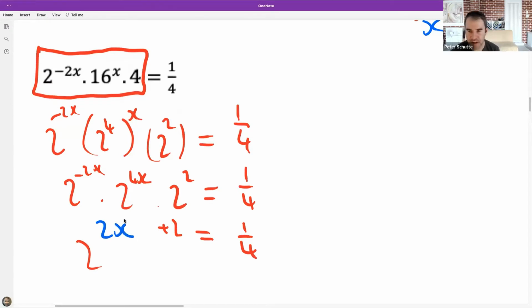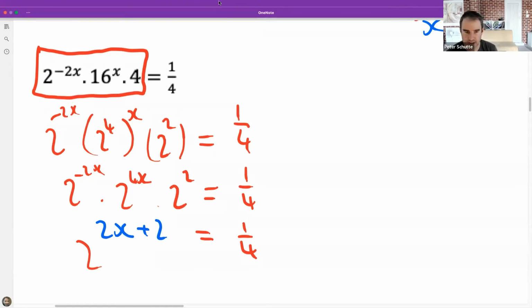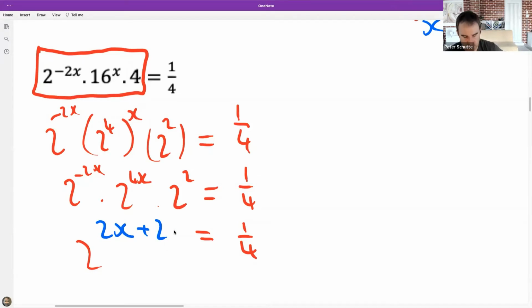And we get that. So the final answer, and I'm seeing it in the chat, I think I lost some of you for a second there. The left-hand side gets to 2x plus 2. I want to know, what do I do with the quarter? That's what I want to know in the chat. What is the quarter going to be written as? Oh, Ndumiso has already written it, I think.